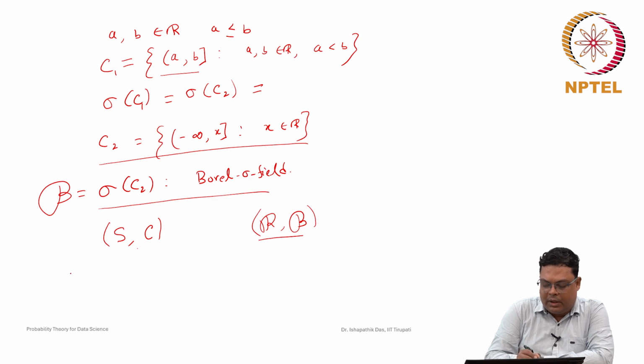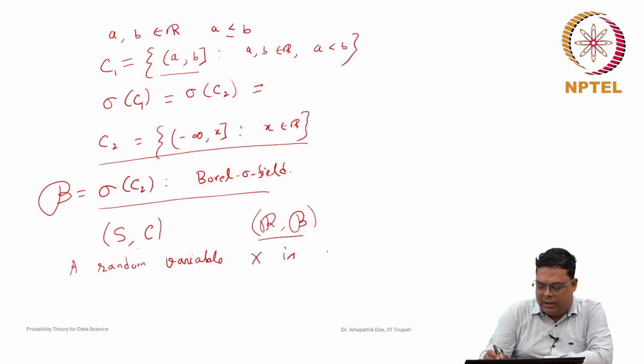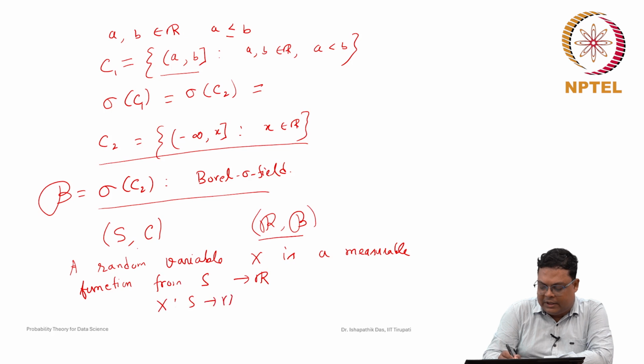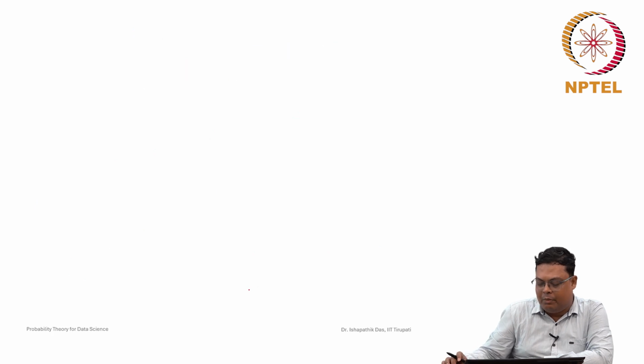A random variable X is a measurable function from S to R. So basically X is a measurable function, it is Borel measurable, we say. What is Borel measurable then?